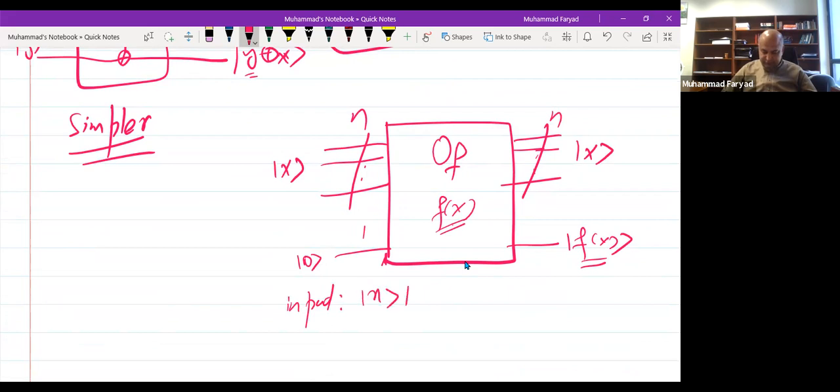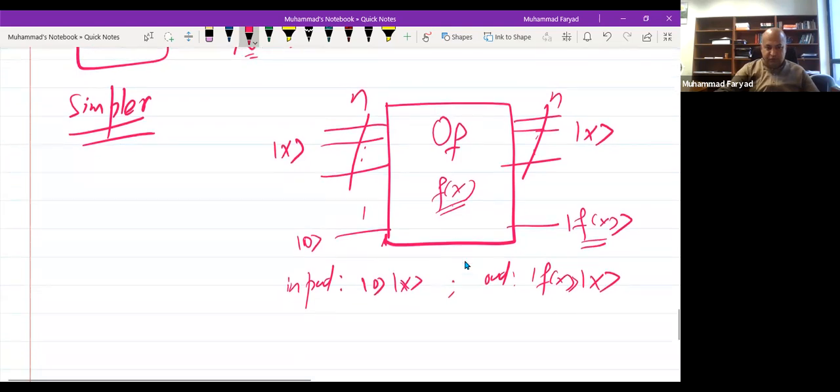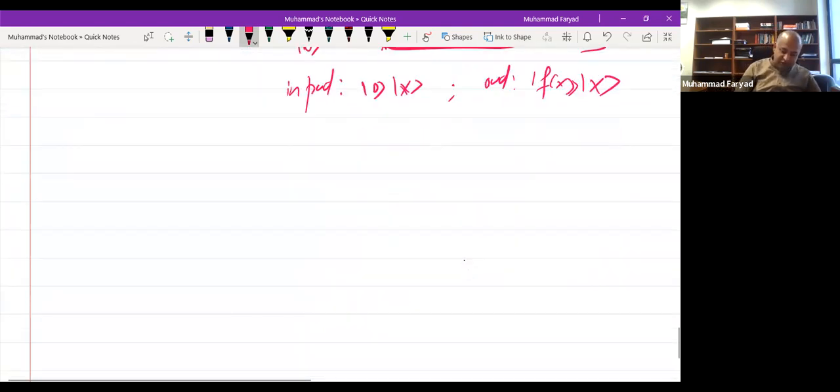With the previous notation that we just talked about, where the top one should come on the right and the bottom one to the left, the input is 0 x and the output is f of x. So you can call it sort of an amplitude oracle. And this is also not very commonly used. The commonly used oracle is the oracle that we call the phase oracle.